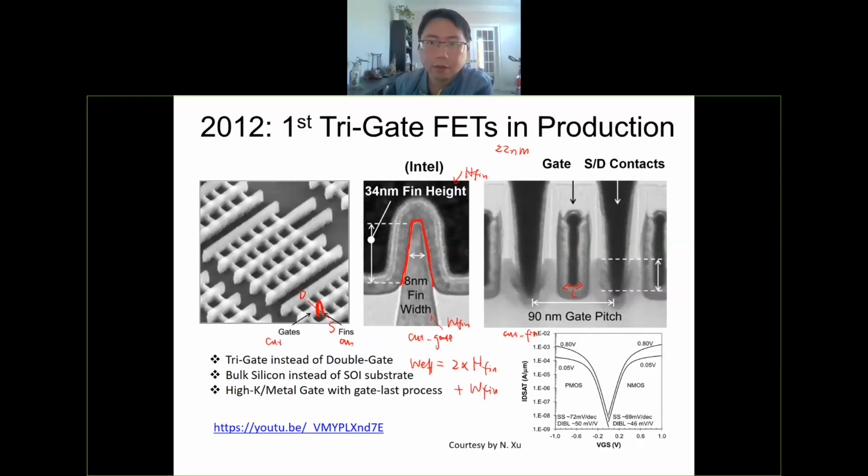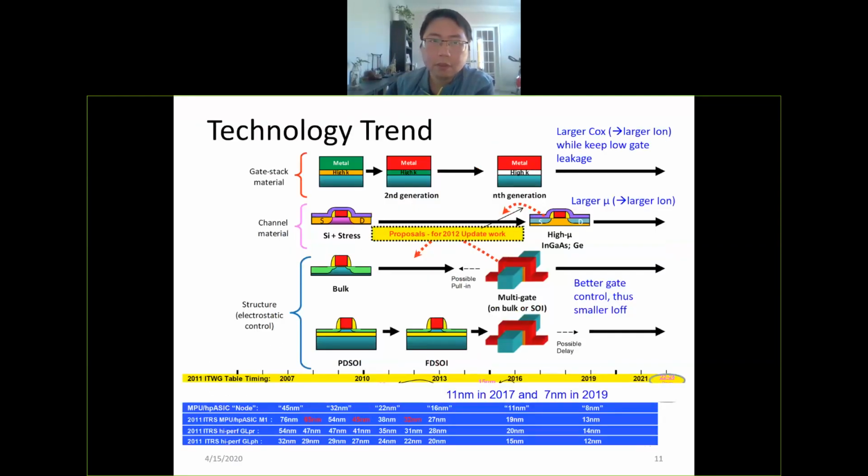So the technology trend: we have talked about the FinFET structure, and the FinFET's most benefit is to reduce I-off, because it has better control of the gate.